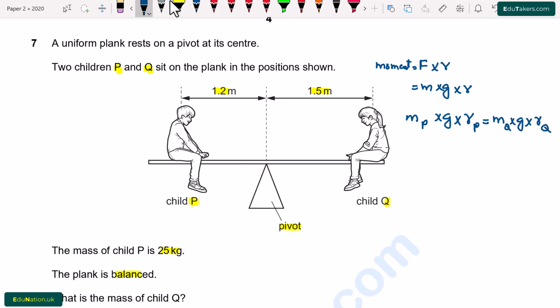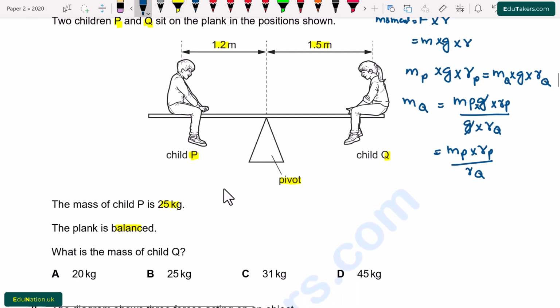Here we have to find out the mass of child Q. So it will be equal to MQ, which is MP g rP divided by g and rQ. So this g cancels by this, MP multiplied by distance divided by distance of child Q. Now I am going to put values here.